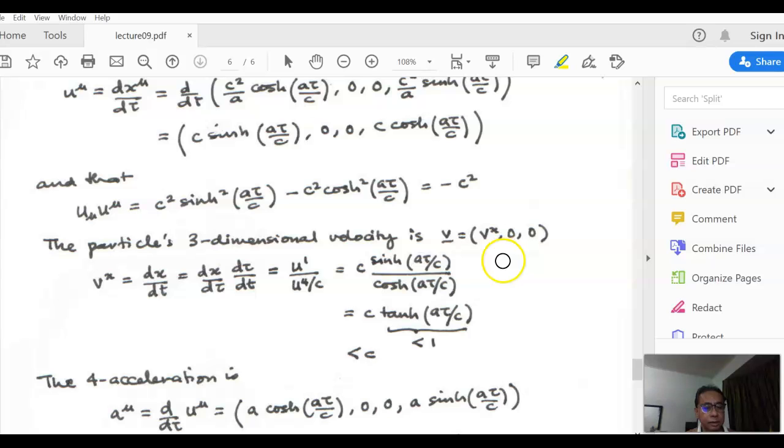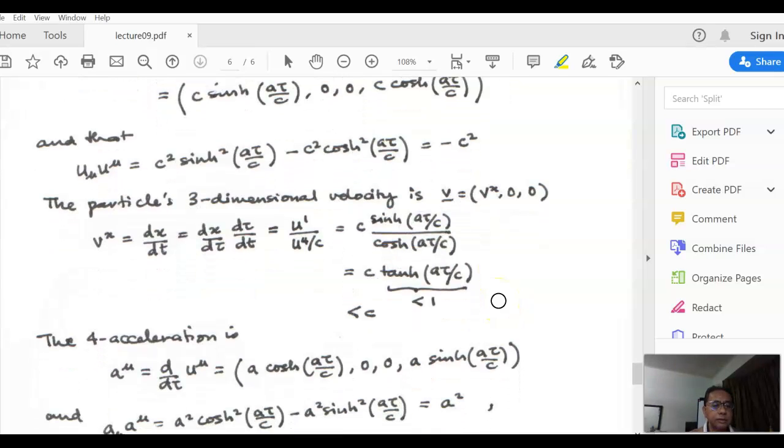There's no function of tau over there. So you can check that Vx is actually less than c. This is a property of the hyperbolic tangent.